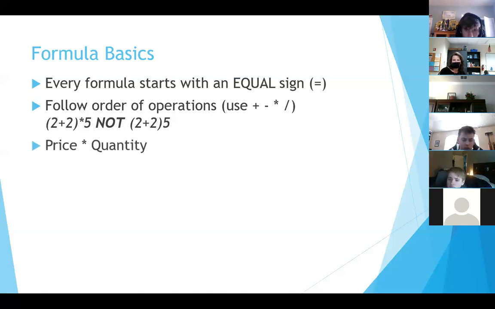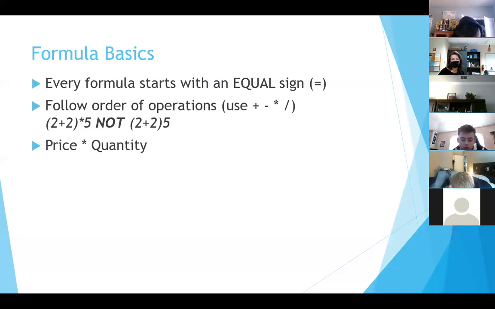Price times quantity. I bring this up because we're going to see this a lot in our activities. This is a business class, and so a lot of the documents that we do are business documents, even though you kind of don't feel like it. I know some of you are like, I thought this was a business class. Well, it is, because the documents that we create are documents that businesses want created.